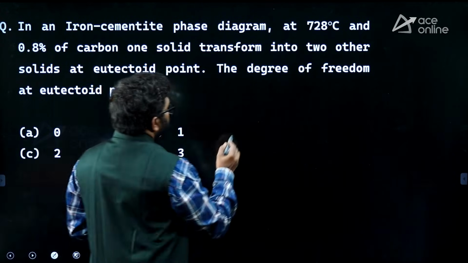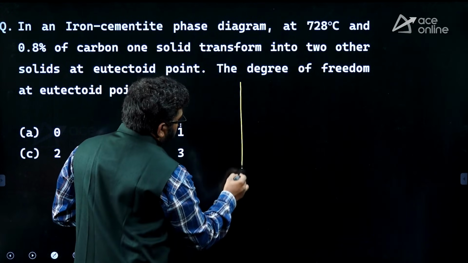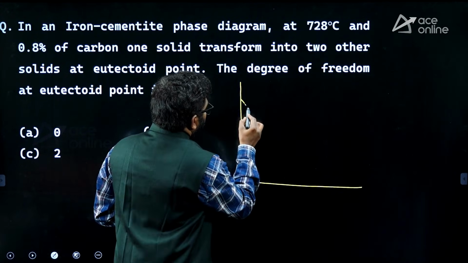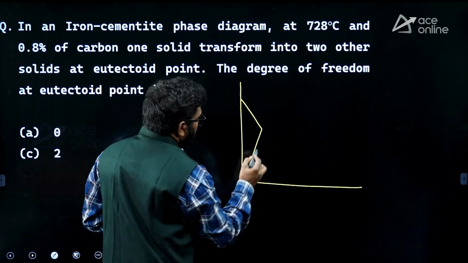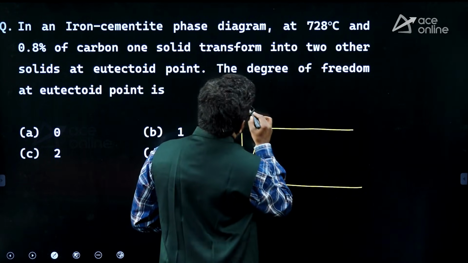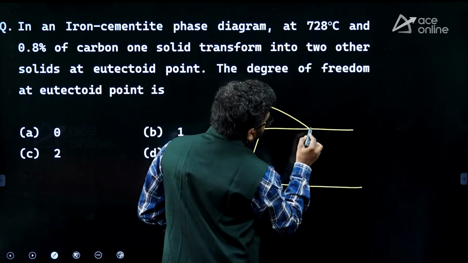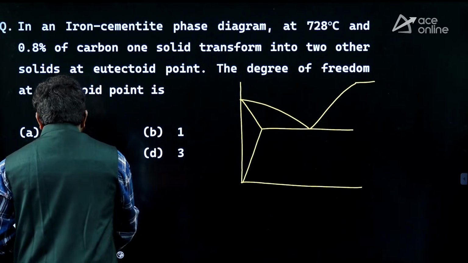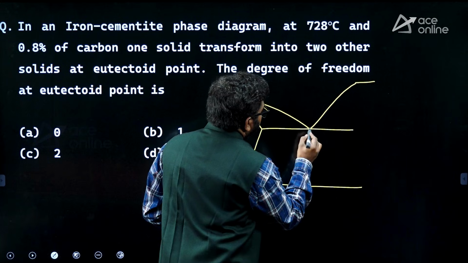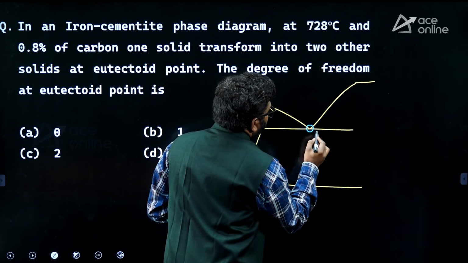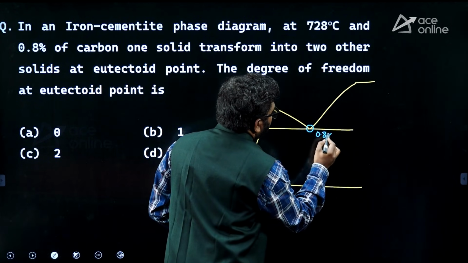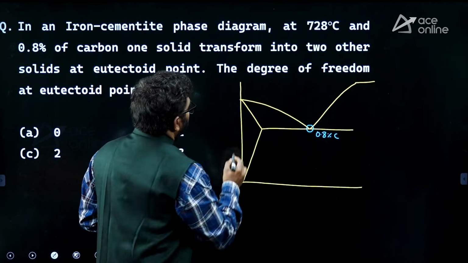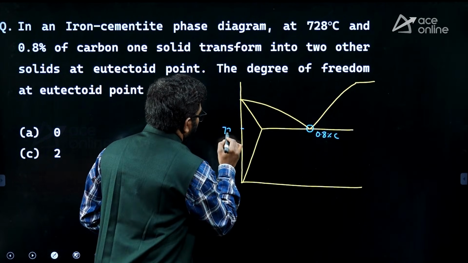Now, listen. Let us consider the iron cementite phase diagram. Here, this is 0.8% of carbon and the temperature 728 degrees Celsius.